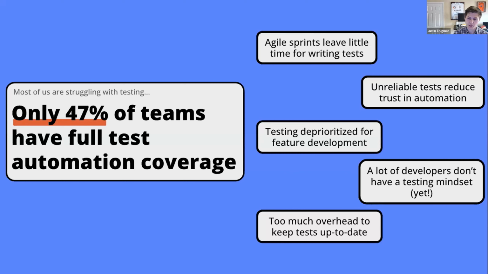Additionally, a lot of developers just don't have a testing, QA type of mindset. And another reason is that keeping a robust automation test suite up to date and current is a lot of work. It's a lot of work to maintain tests and a test suite, especially if you have something comprehensive with end-to-end testing and different types of API testing.